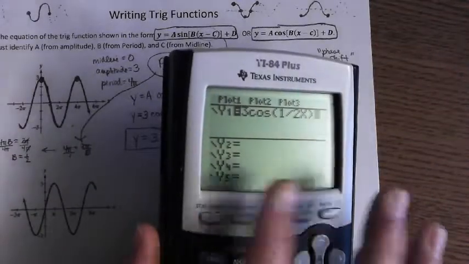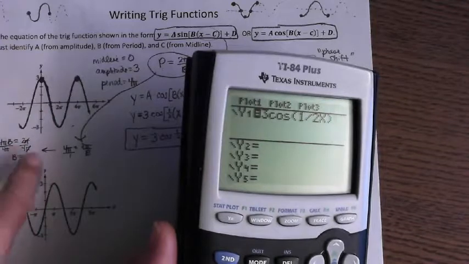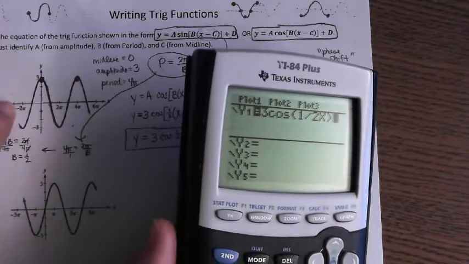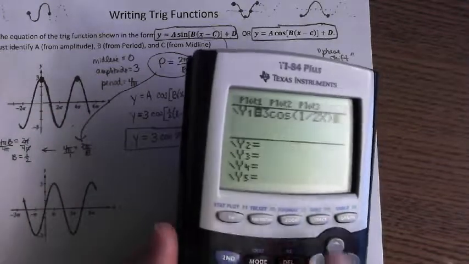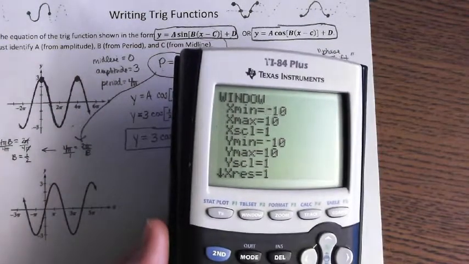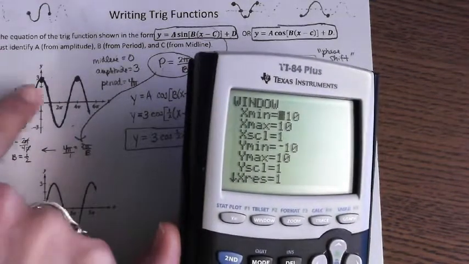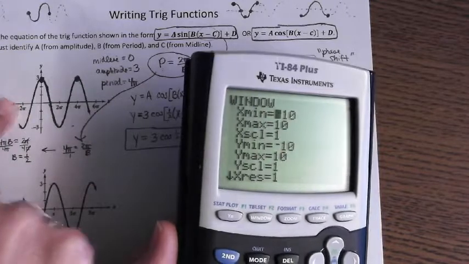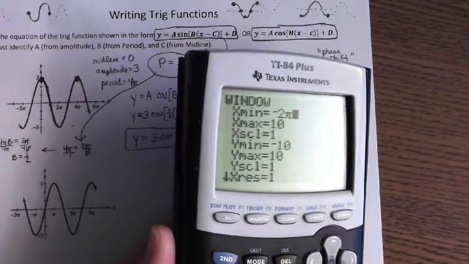And then when you set your window, just so I can see if this is accurate, I'm going to go from negative 2 pi to 6 pi. So if I go to my window, your zoom 6 and your negative 10s to 10s in trig don't really make sense. So look at the window of the graph that we tried to do, negative 2 pi, and you can plug that in verbatim, negative 2 pi using the pi button.